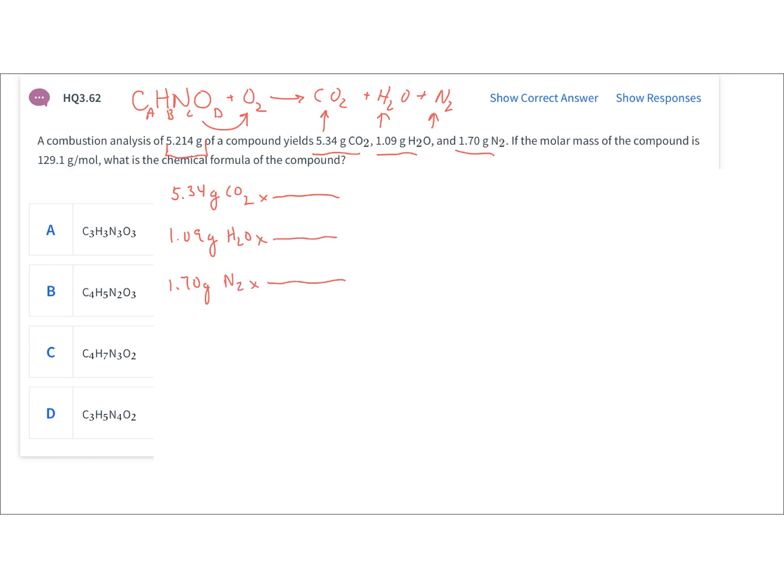We know the molecular weight of carbon dioxide is 44 grams in 1 mole, water is 18 grams in 1 mole, and nitrogen is 28 grams in 1 mole.